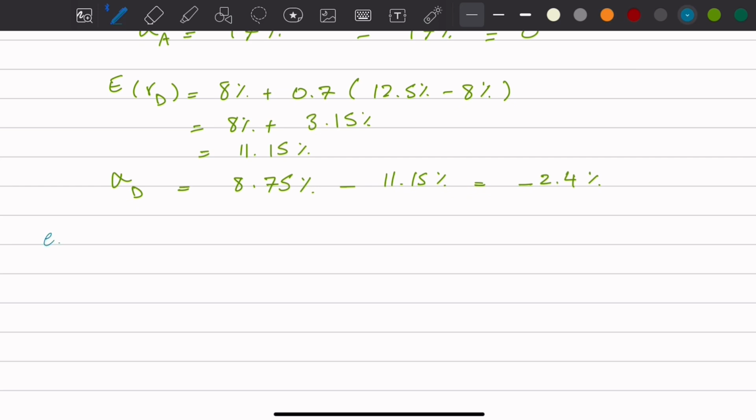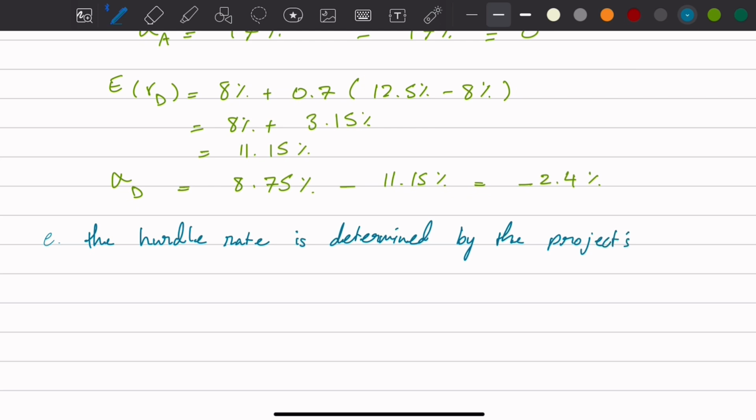Okay, so we could write this maybe as follows. Let's say E. The hurdle rate is determined by the project's beta, okay, which is in this scenario 0.7, right?